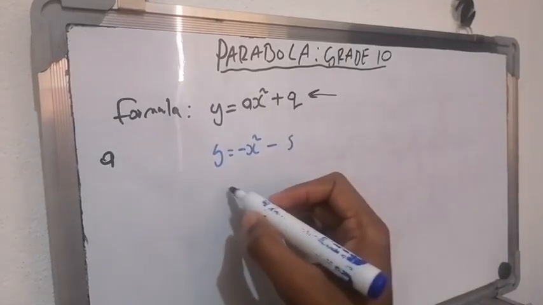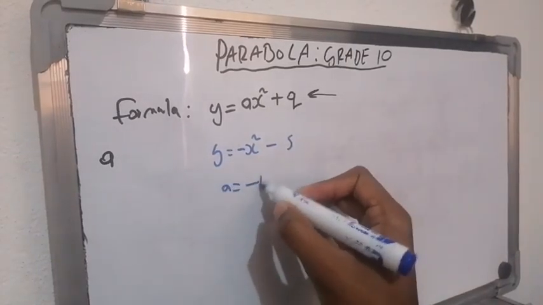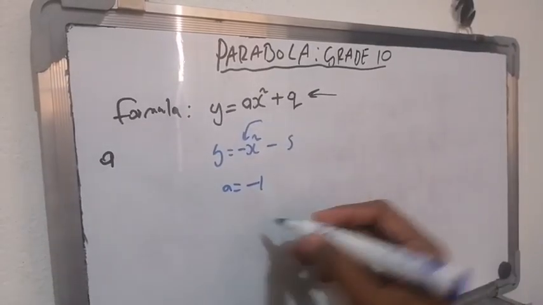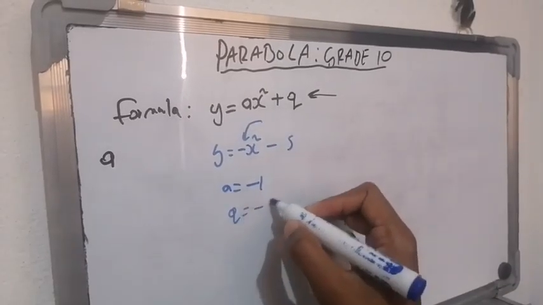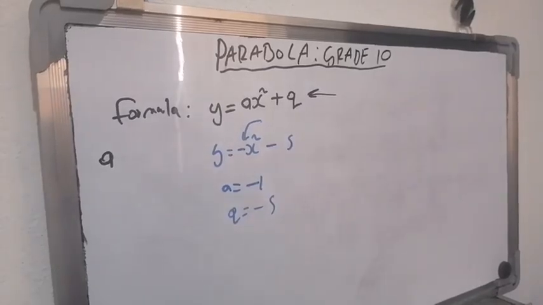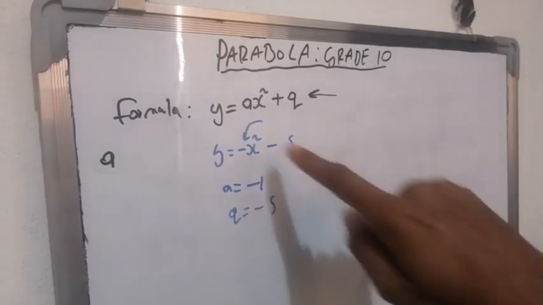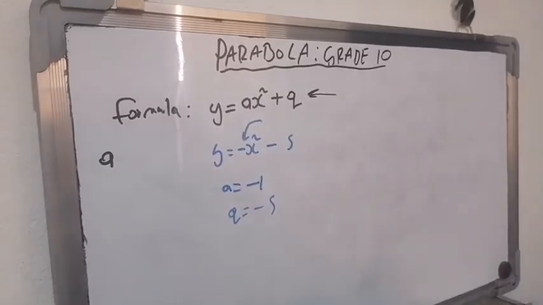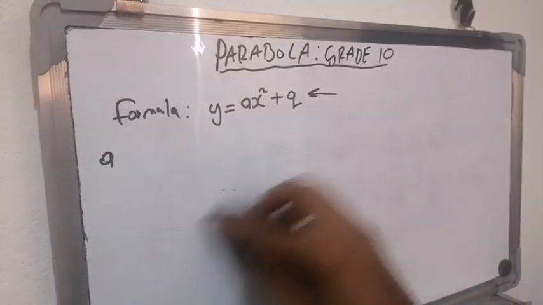That means your a here will be negative 1, because there is an invisible 1 before the x squared, and your q will be negative 5. So a stands for a number, and q stands for any number that we can put there.